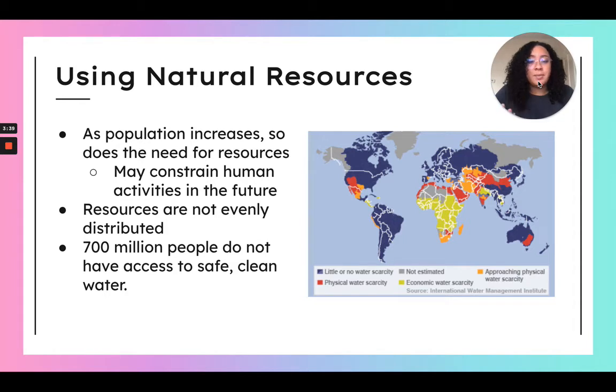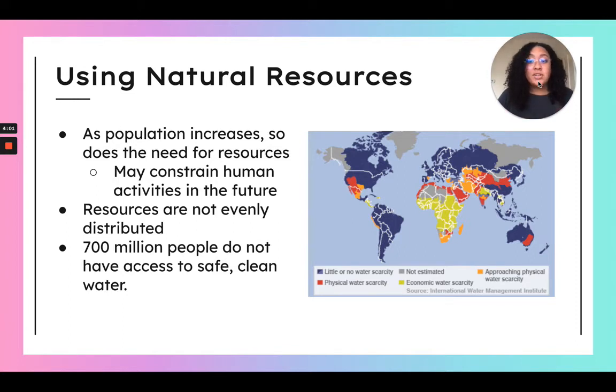If there are so many people who need that much food and water, we may have to limit our use of water for recreational activities, so we might not have pools or things like that. So as the population increases, so does the need for resources, and that may constrain what we can do in the future.